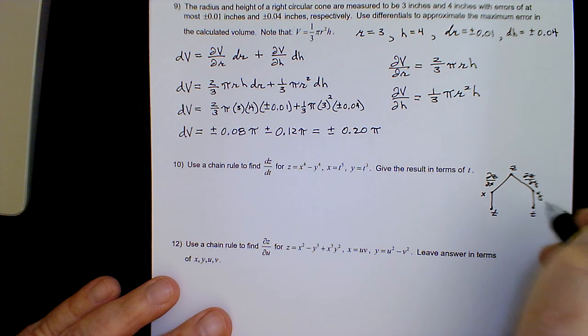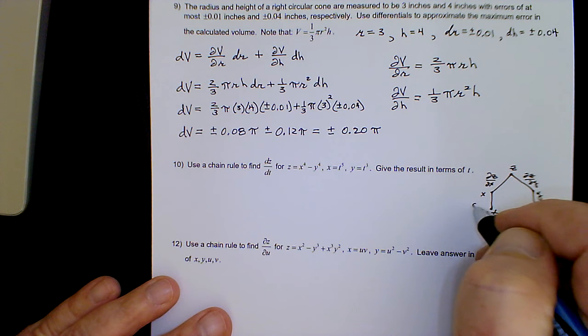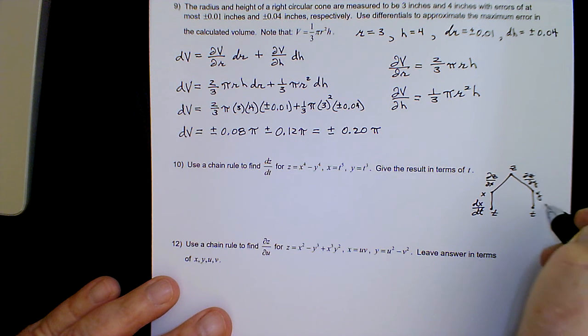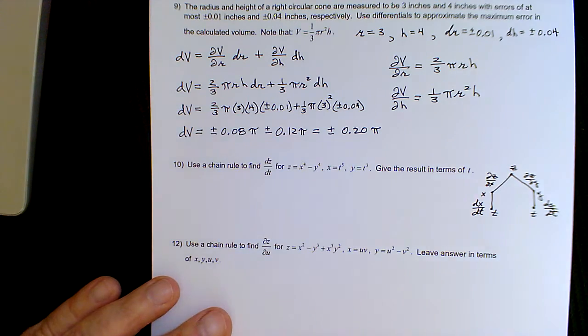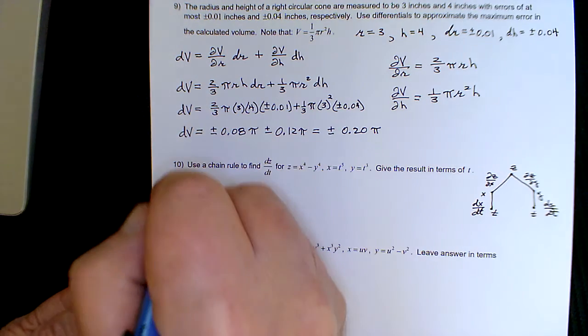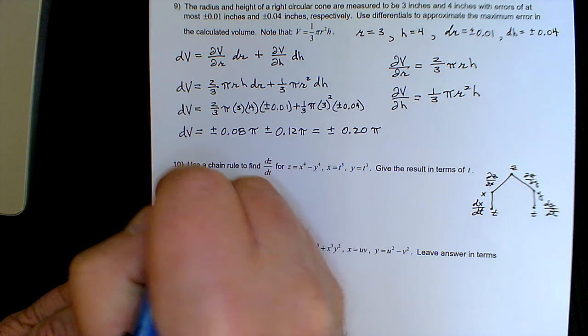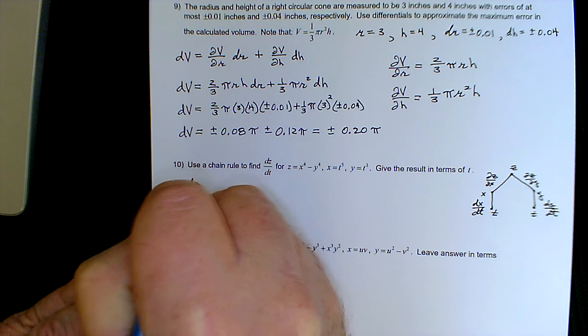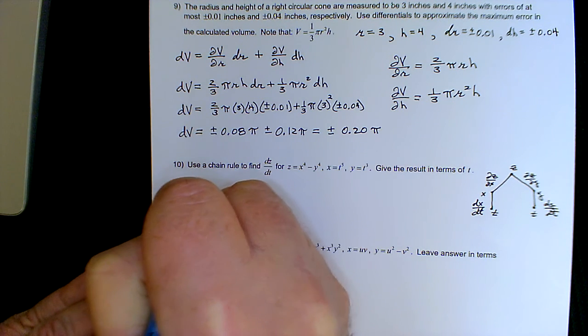And so because they're just a function of the single variable t, we could find the derivative of x with respect to t and the derivative of y with respect to t directly. And so this basically helps us to generate the formula for the derivative of z with respect to t.